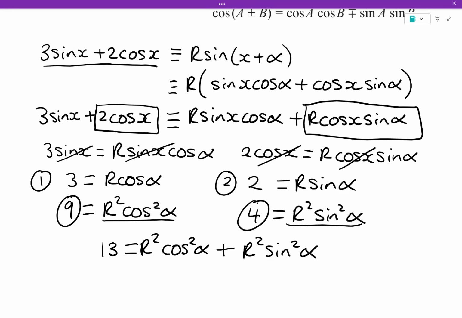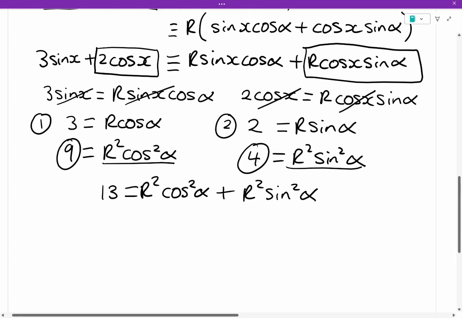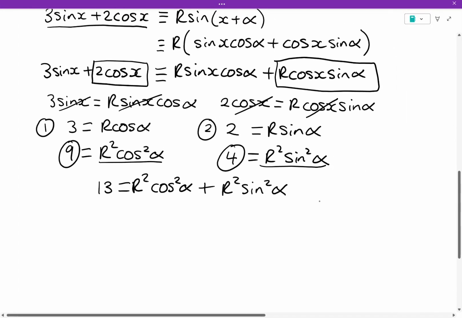Now the reason I've done this is because the right-hand side should now look somewhat familiar. It should remind you of one of the other trig identities I haven't mentioned yet, the fact that cos squared theta plus sine squared theta is identical to 1. And in order to get the cos squared theta plus sine squared theta, or in this case it's going to be alpha, I'm going to factorize out my common factor of r squared.